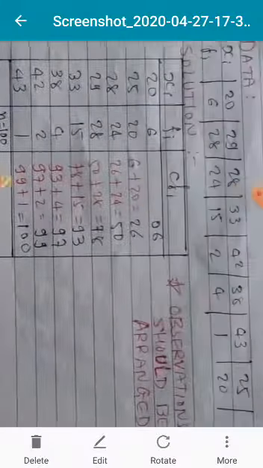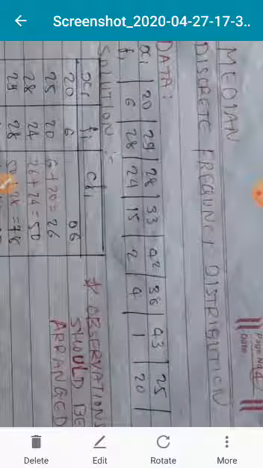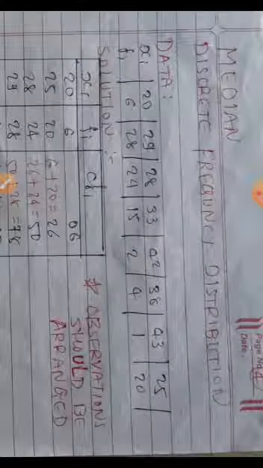Now one extra thing, if data is discrete. What is meant by discrete group data or discrete frequency distribution, we already discussed in our first lecture.